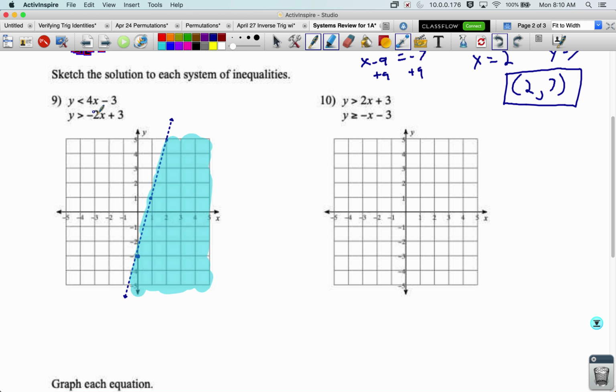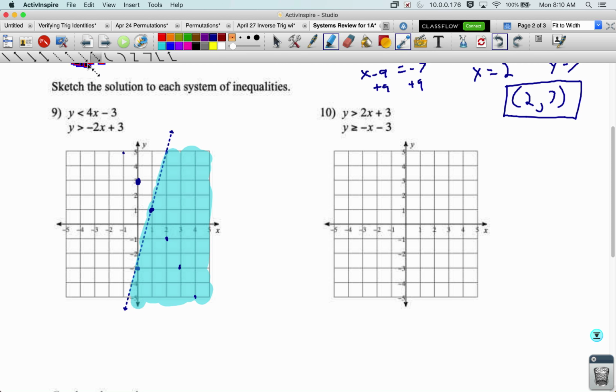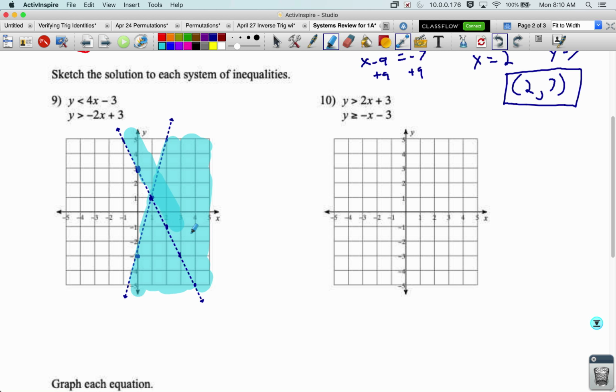Okay, next one, point at positive 3, down to right 1, down to right 1, down to right 1, down to right 1. Again, doesn't have the or equal to, so I pick a dotted line again. And this time it's saying shade above this line. So above this line would be this region up here, and we can see as I do that, one of these sections becomes darker.